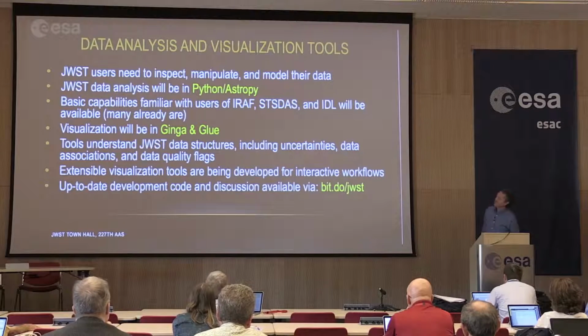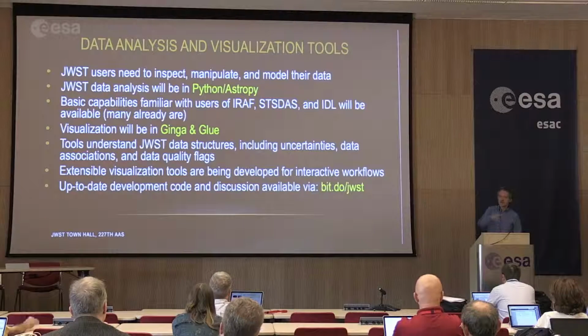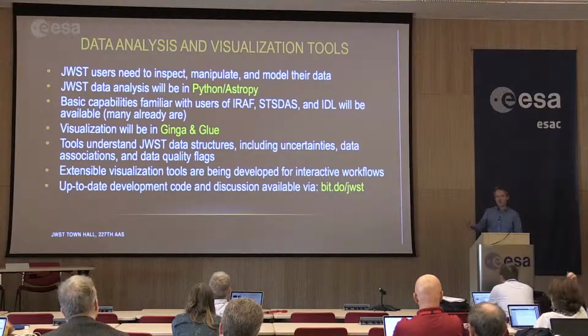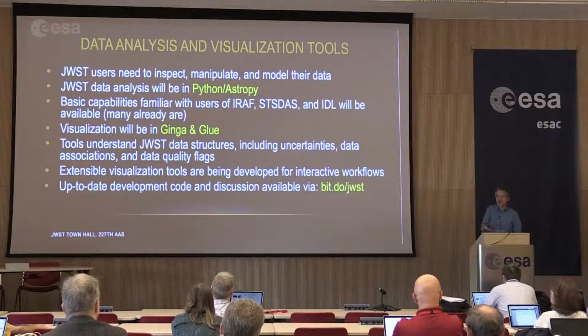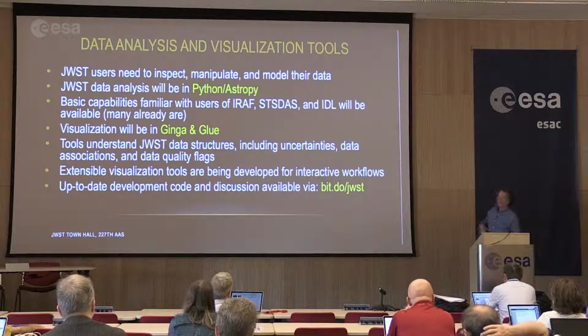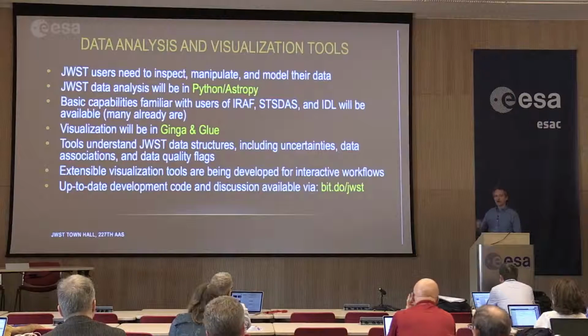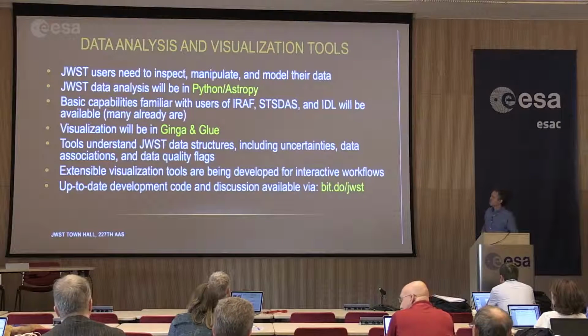Data analysis and visualization tools. So we have pipelines that do initial processing, and then in our jargon we have tools that astronomers will use to analyze the data products that are generated by the pipeline. We are trying to build on and support AstroPy and build on top of it additional tools. So it's Python oriented.